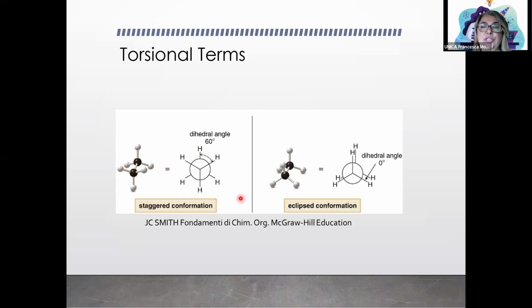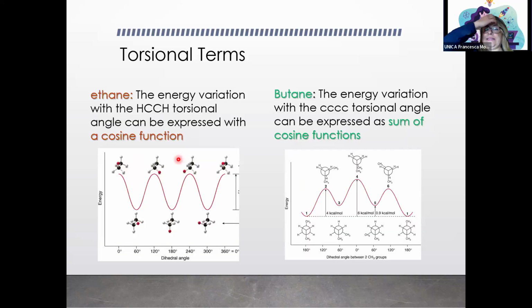The energy varies with the angle. And how does the energy vary? The energy variation with the HCCH torsional angle can be expressed with a cosine function, as shown in this picture to the left.